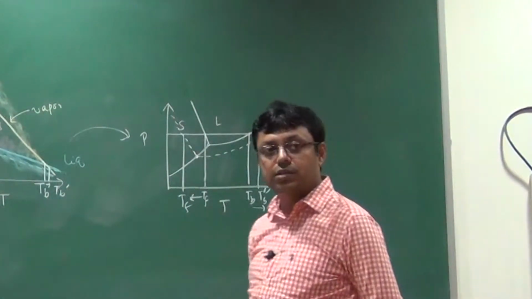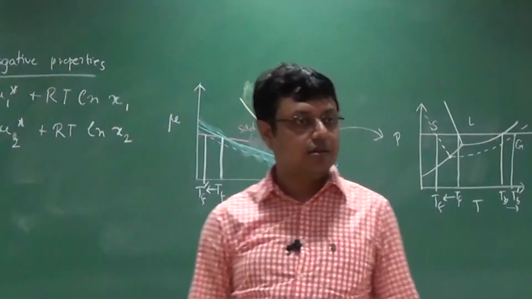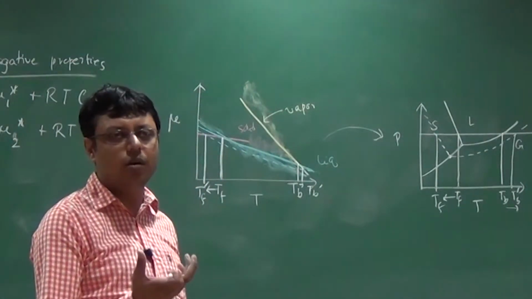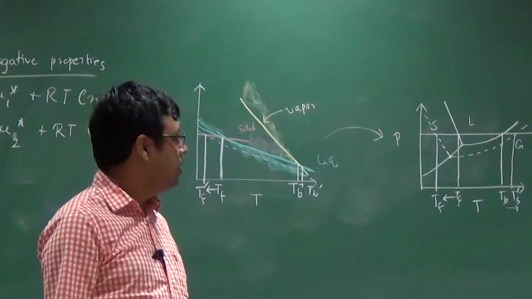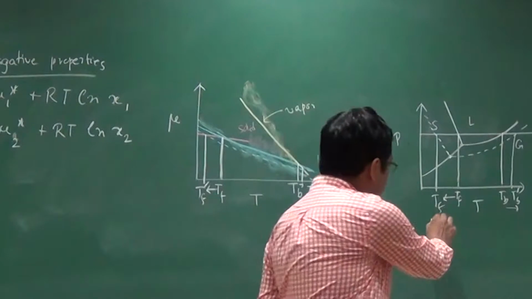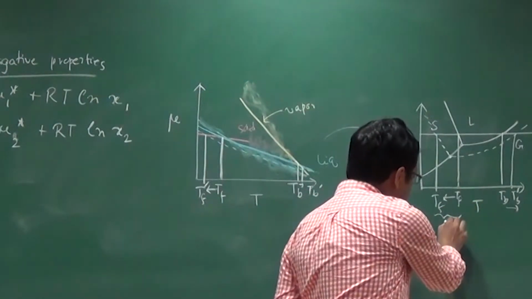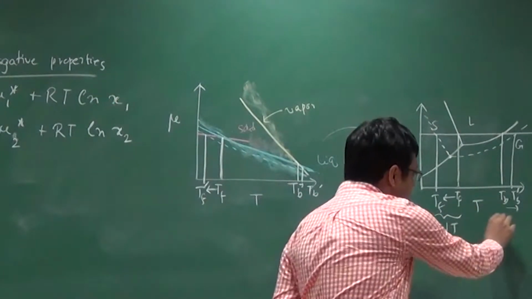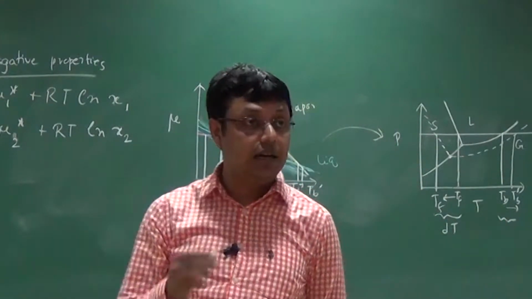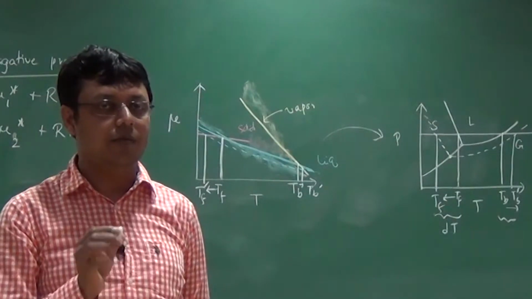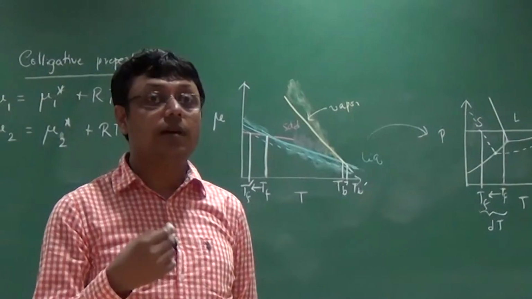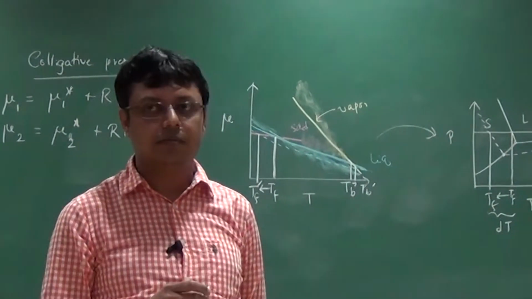Now the question is, can we actually mathematically express it? So what we want is, given the amount of salt added, how I can define this quantity, which I am calling delta T or dT. How to write that depression in the melting point or freezing point, or the boiling point, as a function of mole fraction of solute or solvent.